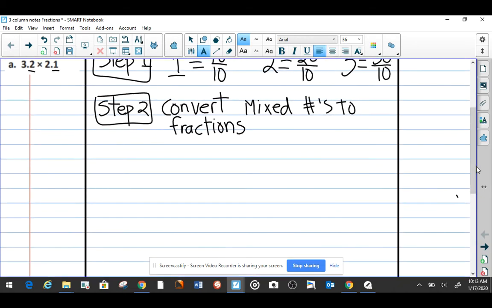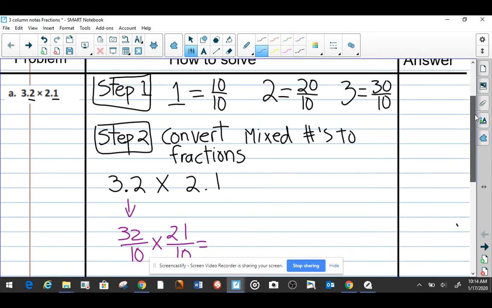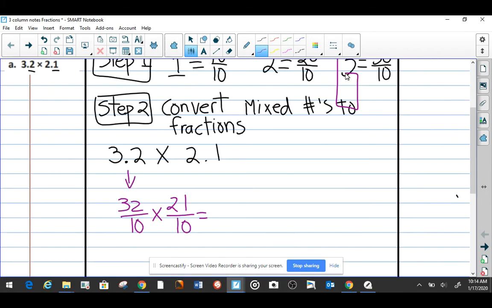Okay, so we have 3.2 times 2.1. All right, let's convert that into fractions. So now this is going to be 32 tenths times 21 tenths. Okay, and that's because of what we reviewed up here. If you have a 3, that's 30 tenths, right?